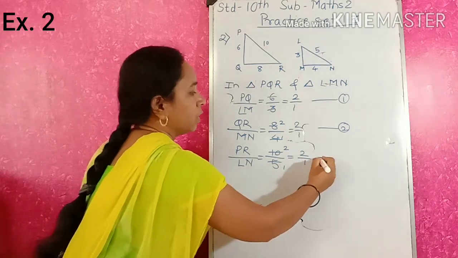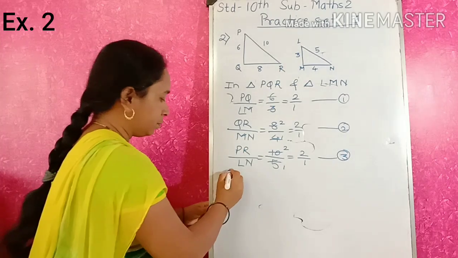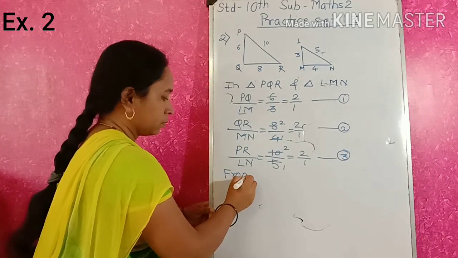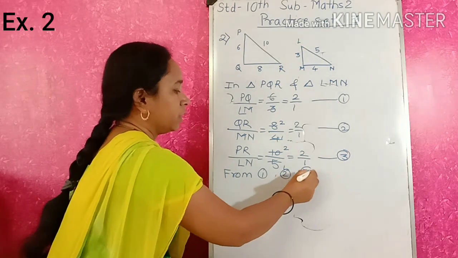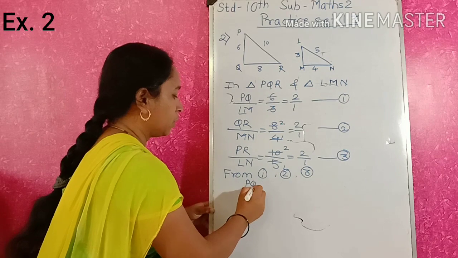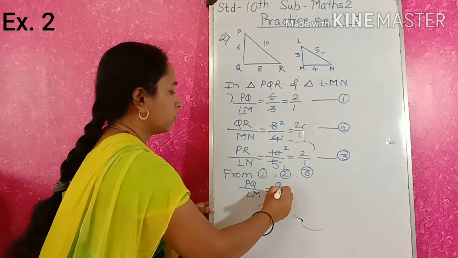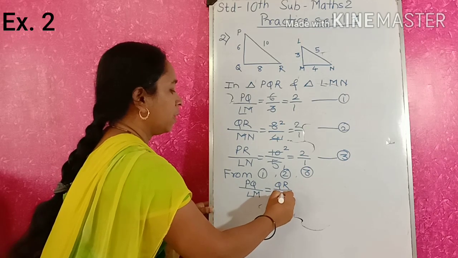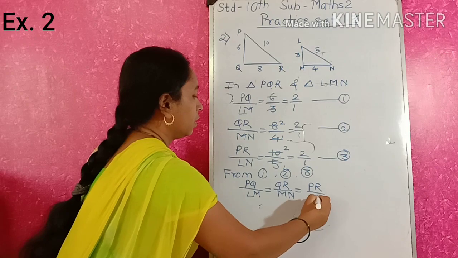So from 1, 2 and 3, all sides are in proportion. So PQ upon LM is equal to QR upon MN is equal to PR upon LN.